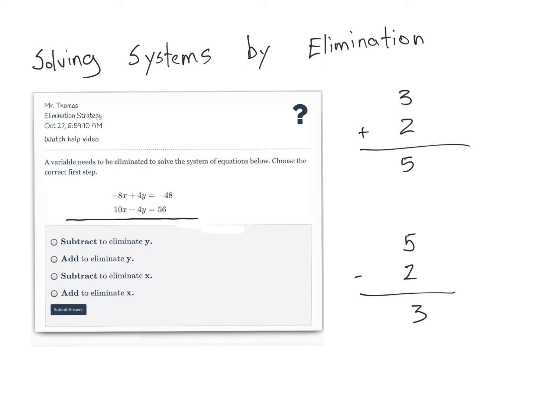So the keyword is elimination. If I add these two equations together, is something going to eliminate? Is something going to cancel to 0? If I add all of this to all of this, what's going to go to 0?